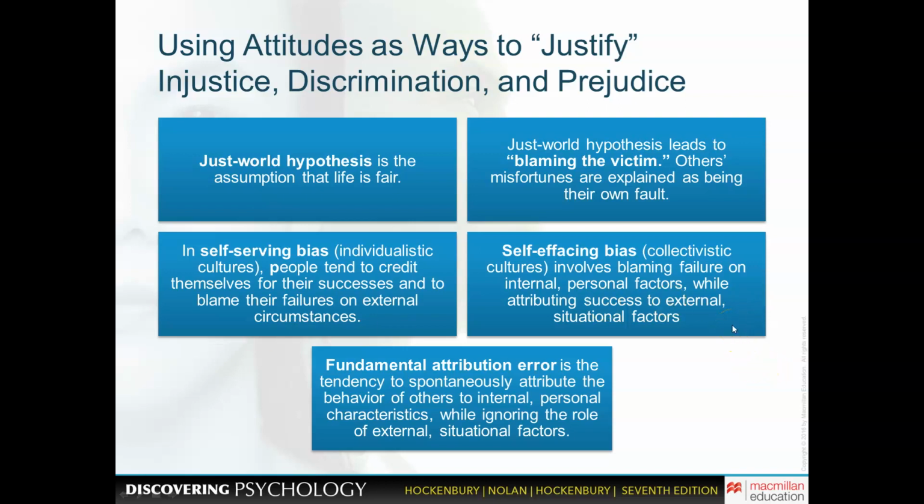Okay. Now, the self-effacing bias, that's in more collectivistic type cultures. It involves blaming their failures on themselves, on internal personal factors, while attributing success to external situational factors. So when a person doesn't experience success, they tend to blame it on themselves.